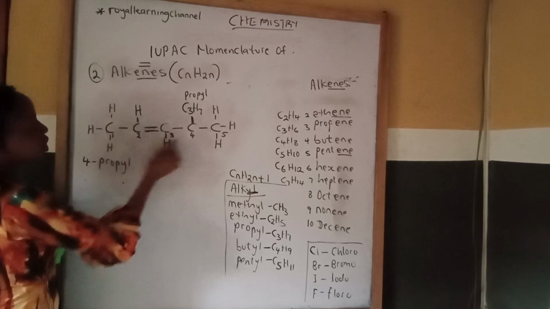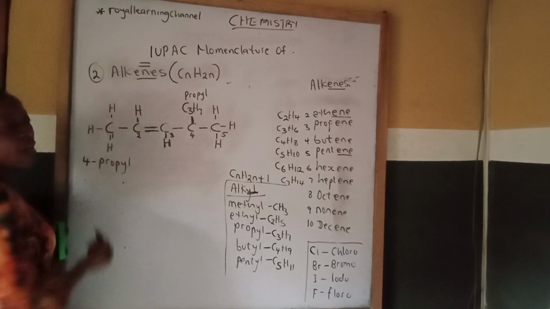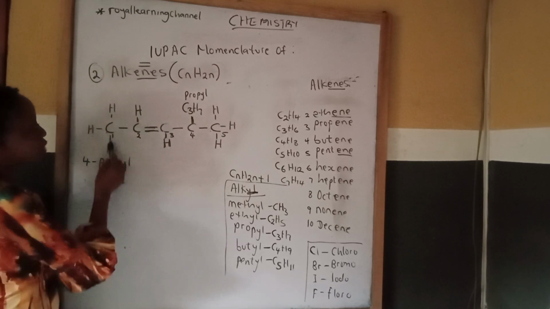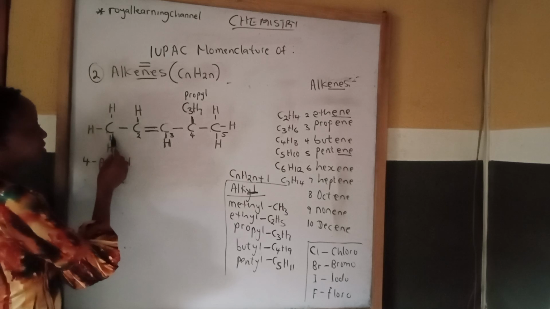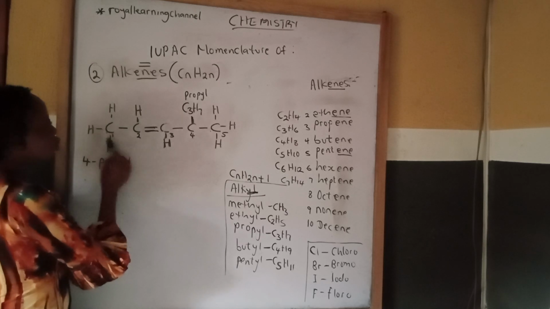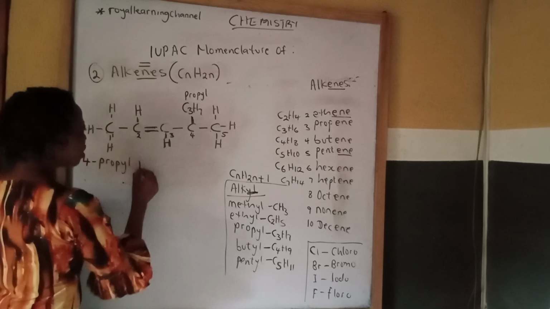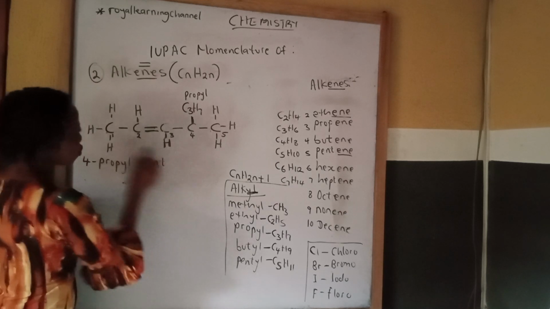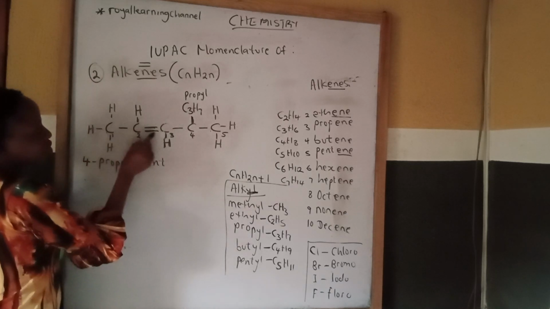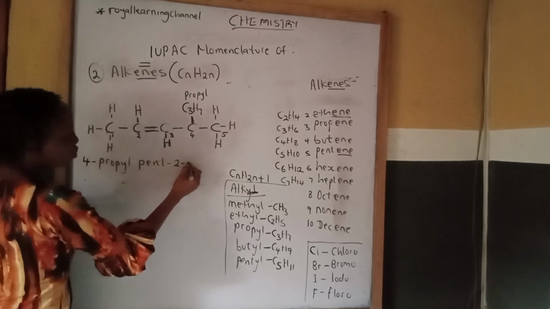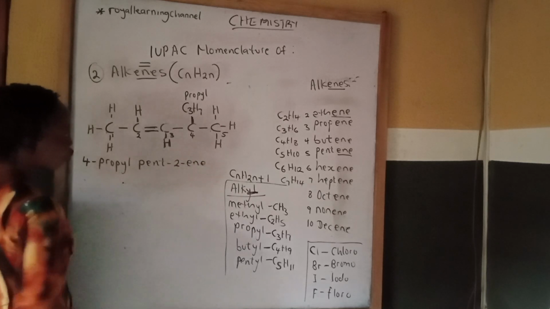Then after propyl, you name your root hydrocarbon. We are naming from the left hand side, 1, 2. My root hydrocarbon is the 5th member, that's pent. From this side, my ene is on the second carbon atom. So that's pent-2-ene.